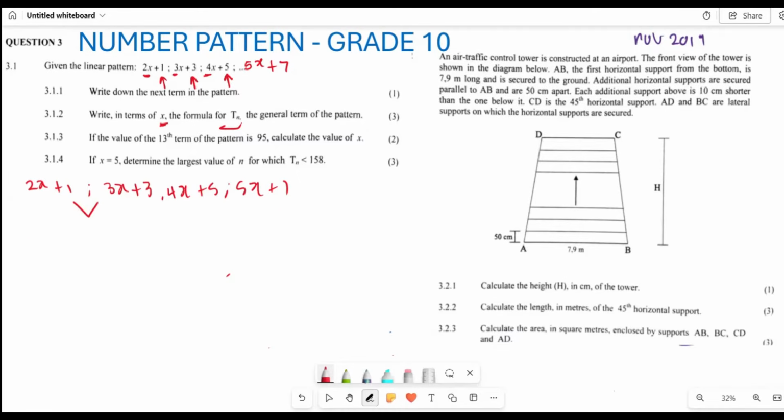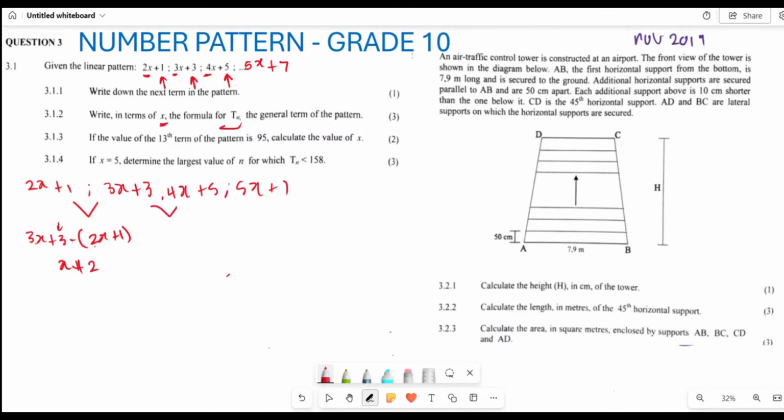This is 3x plus 3 subtract 2x plus 1. So 3x subtract 2x is x. Then for the next one, 3 subtract 1 is going to be plus 2.